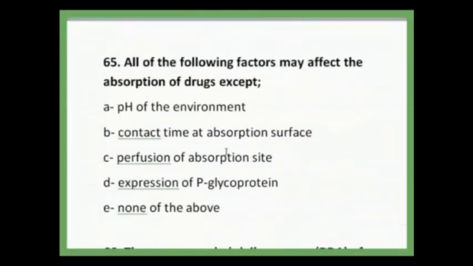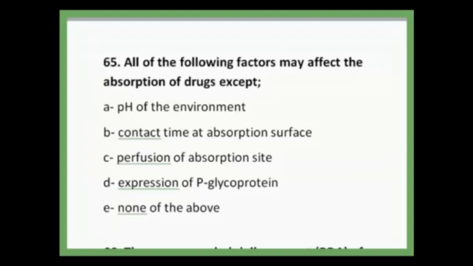Now moving on to the fifth MCQ of this video: all of the following factors may affect the absorption of drugs except: pH of the environment, contact time at absorption surface, perfusion of absorption site, expression of P-glycoprotein, or none of the above. So in this MCQ we are asked about the factors that may affect the absorption of drugs.